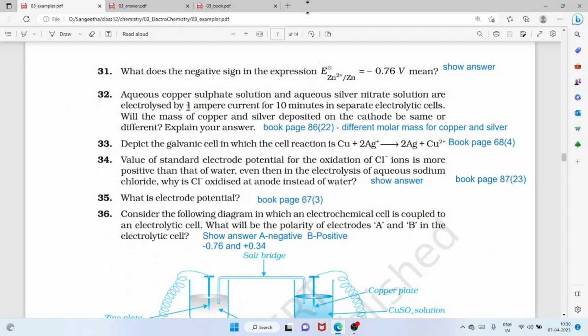Aqueous copper sulfate solution and silver nitrate solution are electrolyzed by 1 ampere current for 10 minutes in separate electrolytic cells. Will the mass of the copper and the silver deposited at the cathode be the same? No, it can't be the same because of the different molar masses of copper and silver.